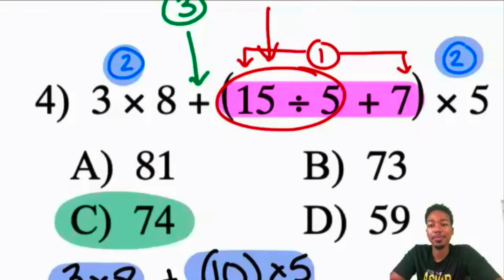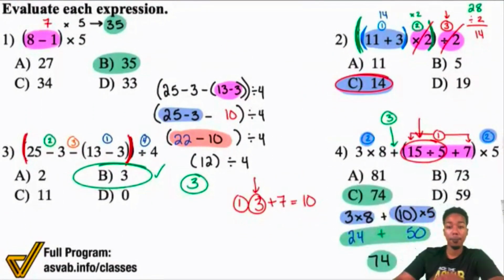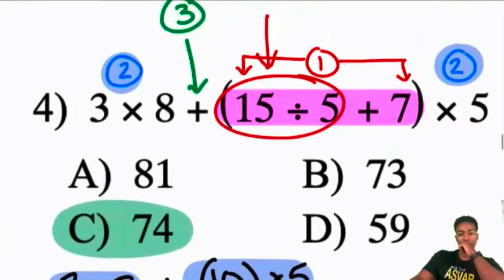Okay, so I'm not gonna lie, I had confidence that I got everything right, but then when it comes to number 4, I did it the way that you're teaching us, the parentheses first. So what I did was I got the wrong answer. I divided 5 by 15, which is 3.